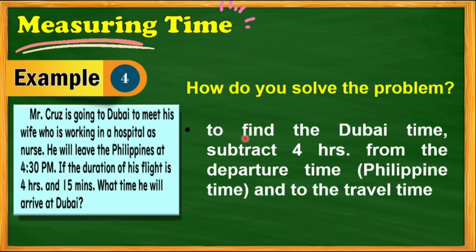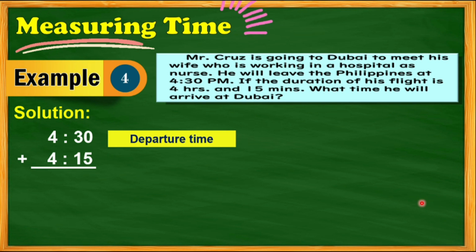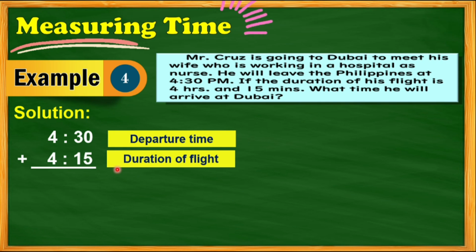To find the Dubai time, subtract 4 hours from the Philippine arrival time, and to get that, add the travel time. Okay. Solution. This would be the departure time, 4:30 p.m. And the duration of the flight is 4 hours and 15 minutes.